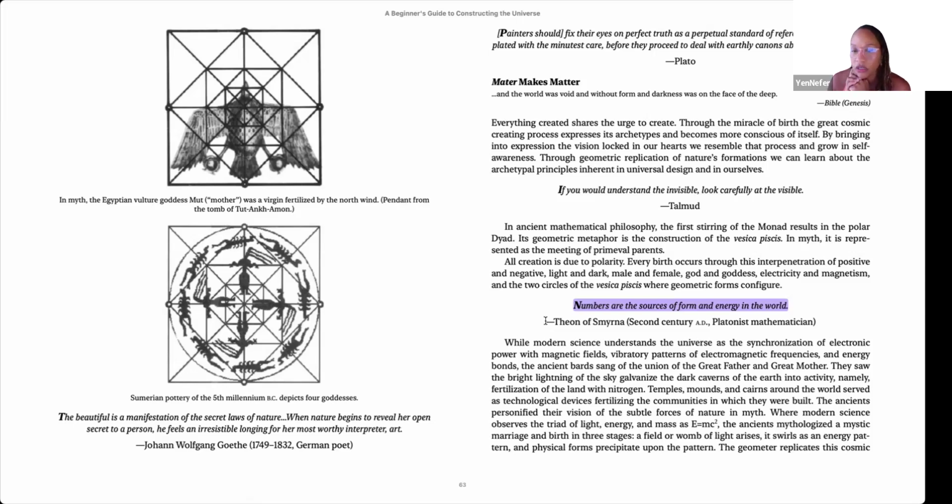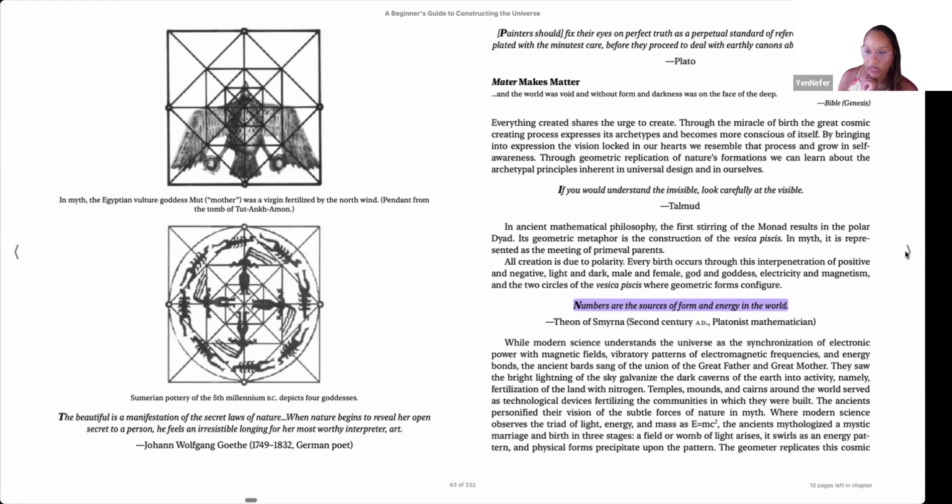Where modern science observes the triad of light, energy, and mass as E equals mc squared, the ancients mythologized a mystic marriage and birth in 3 stages. A field or womb of light arises, it swirls as an energy pattern, and physical forms precipitate upon the pattern.